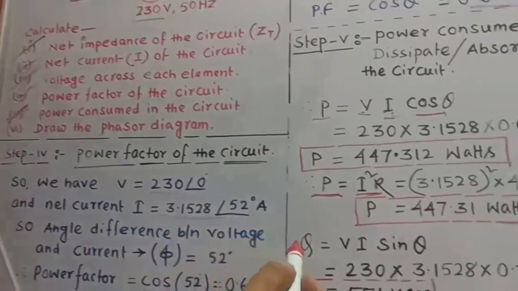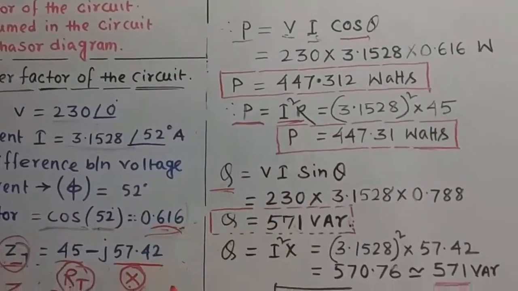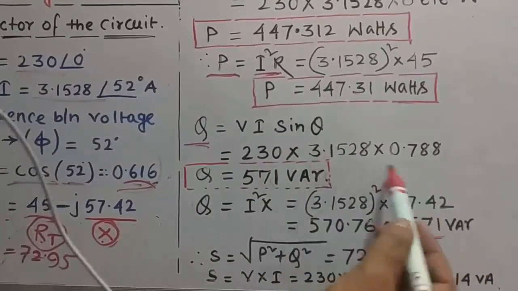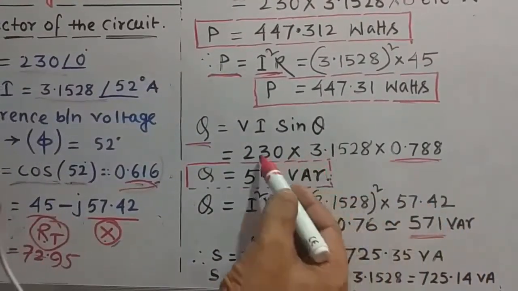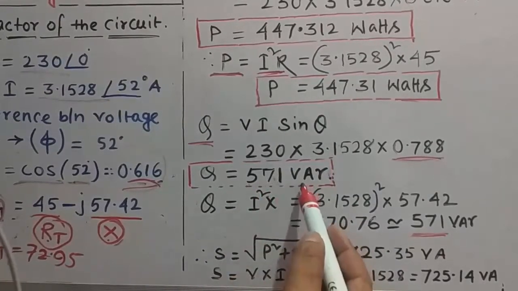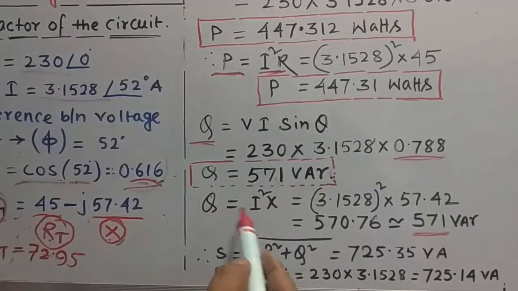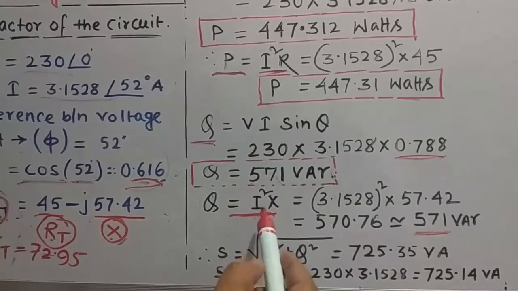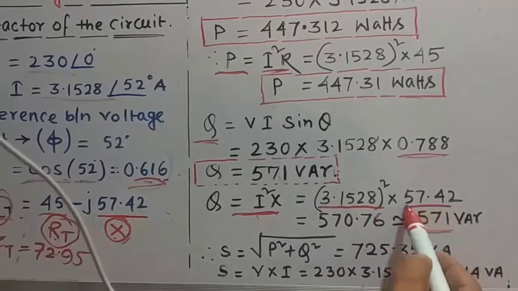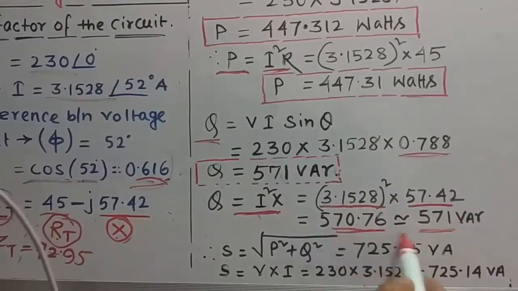Extra, I have calculated your reactive power, that is VI sin theta. If you put sin theta into V into I, if you perform this, you will get 571 volt ampere reactive. The other way, if you perform this equation, I square into X, you will also have this value, approximately.